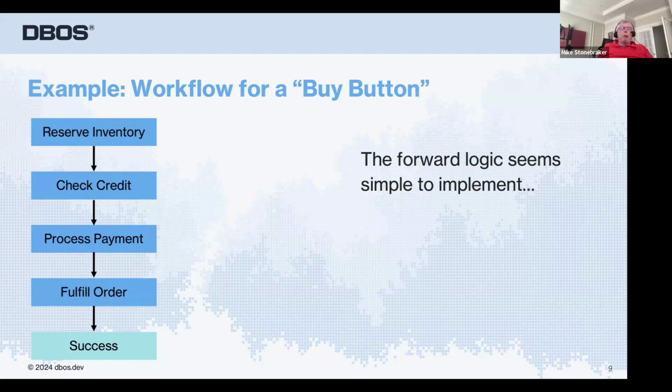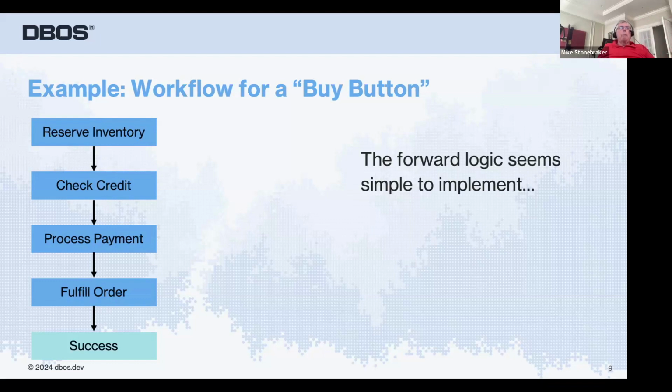Assuming that works out okay, then you've got to do fulfillment, which is actually ship him the 3 widgets. And that's an example of the forward control flow, which is the buy button is these 4 steps. And if all of them succeed, then you've sold the guy a widget.